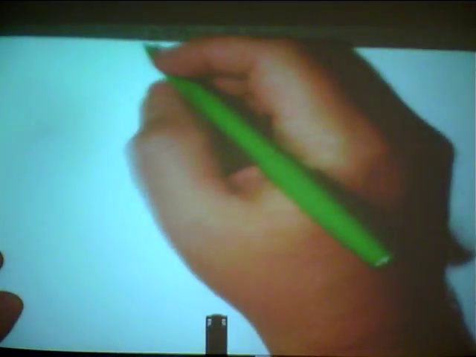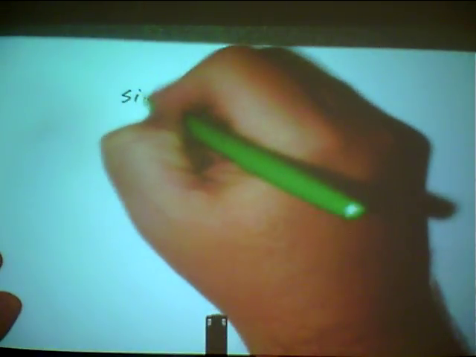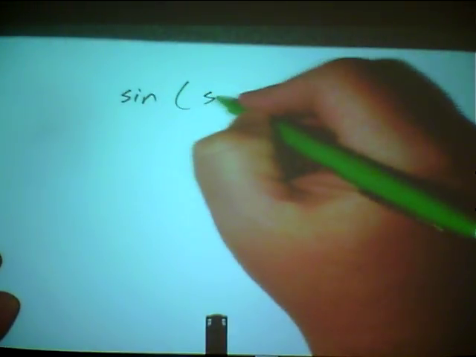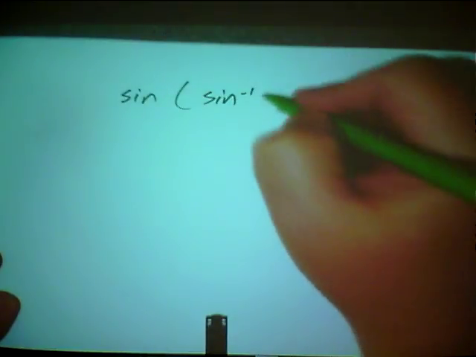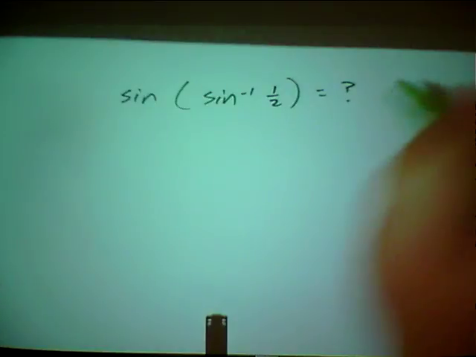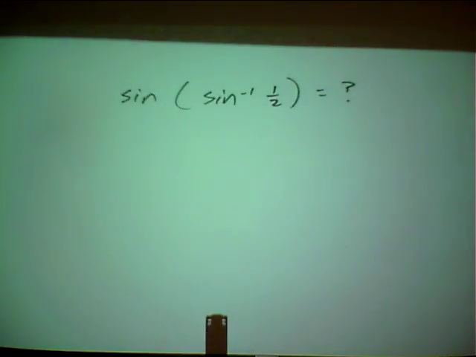So for instance, problem 28, just to give you an example, we're trying to take the sine of the inverse sine of 1/2. Now sometimes there actually are some rules that, if the rules apply, make these problems very easy to solve.